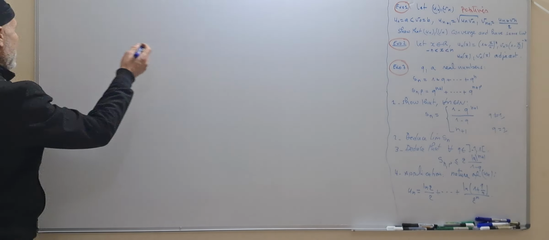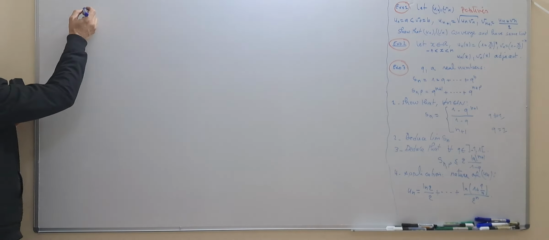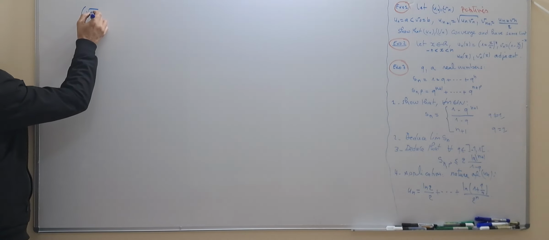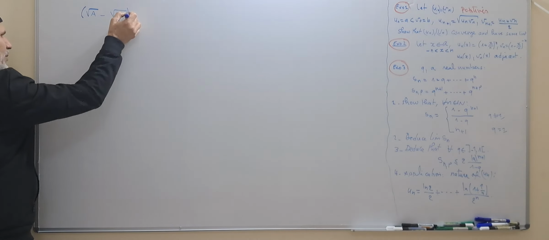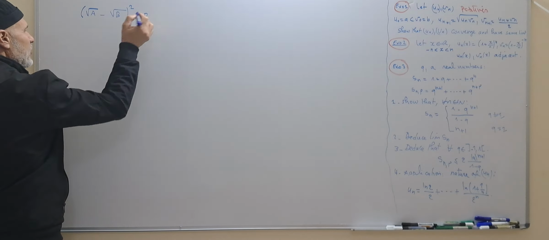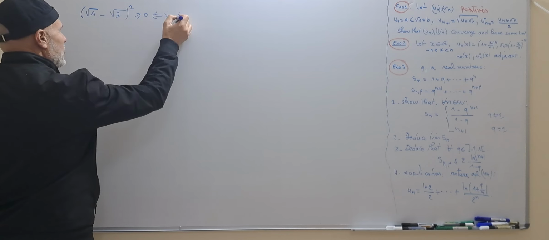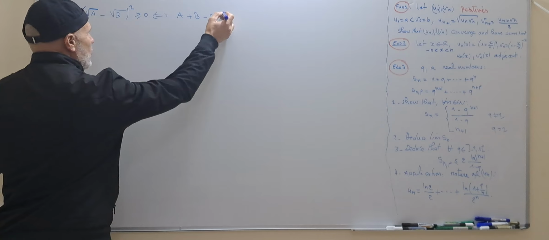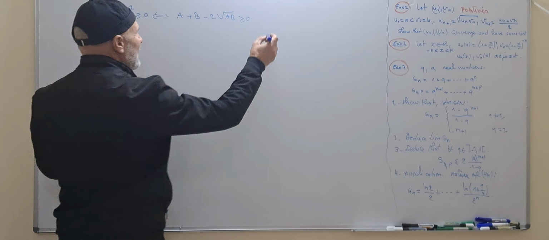Let us start by remembering that the square root of a minus the square root of b, squared, is greater than or equal to 0, which is equivalent to a plus b minus 2 the square root of ab greater than or equal to 0.